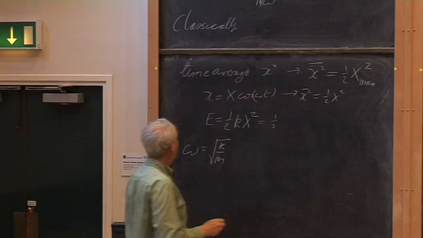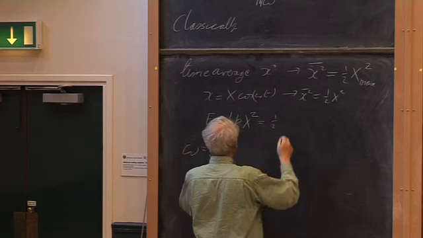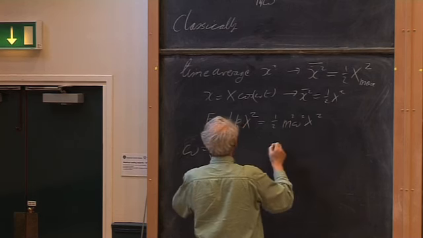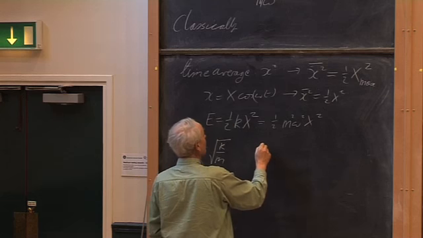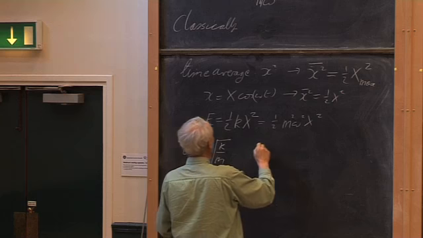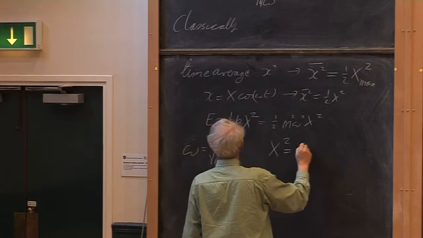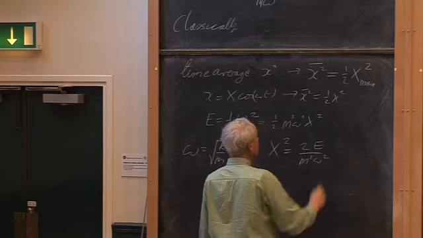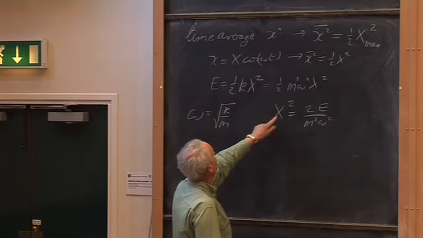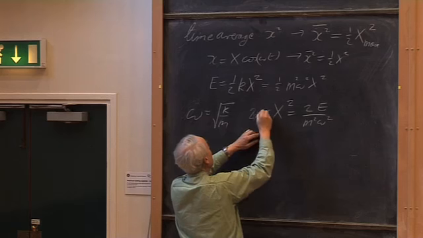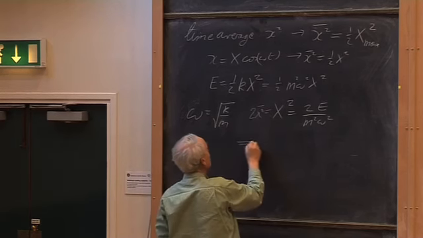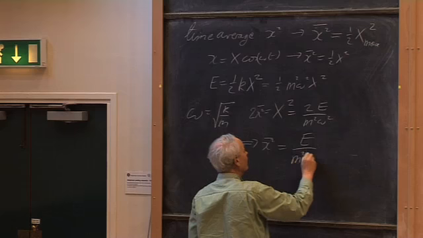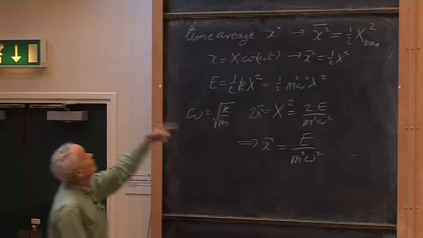So if I want to get rid of k, I have to declare it to be omega squared m. That leads to the conclusion that x max squared is equal to 2E over m omega squared, but this thing is equal to 2 x squared bar. So x squared bar is equal to E over m omega squared, in perfect agreement with the quantum mechanical result.